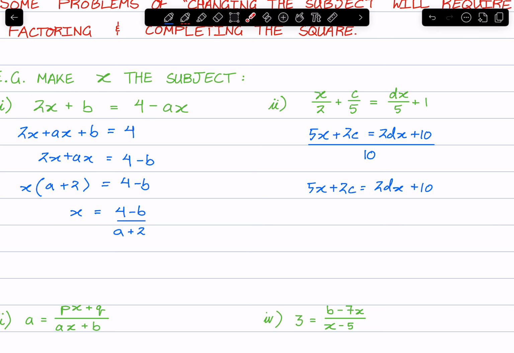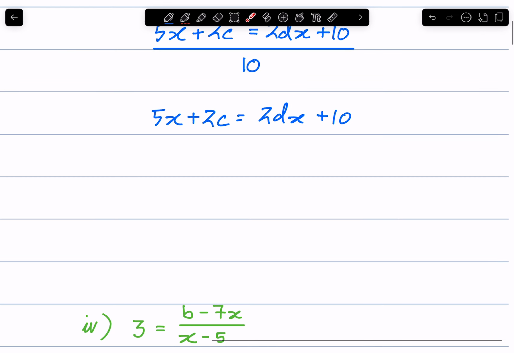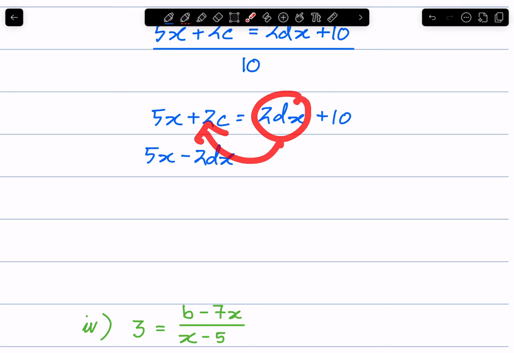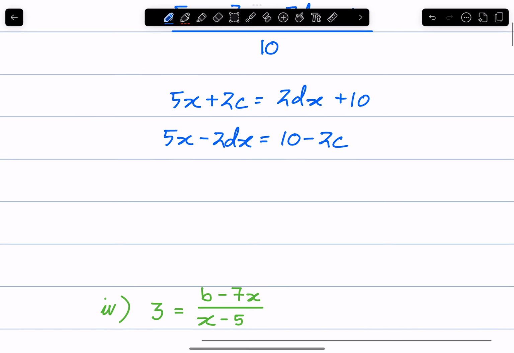We need to bring everything to the same side of the equation. So we're going to make it 5x minus 2dx. So we subtracted 2dx. And rather than do it in two different steps, I'm going to subtract 2c at the same time. So 10 minus 2c.